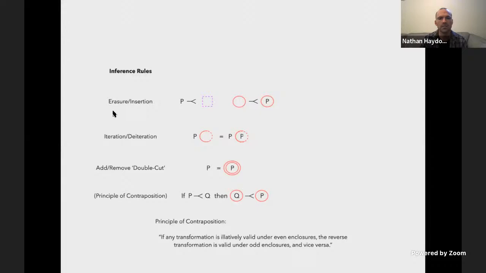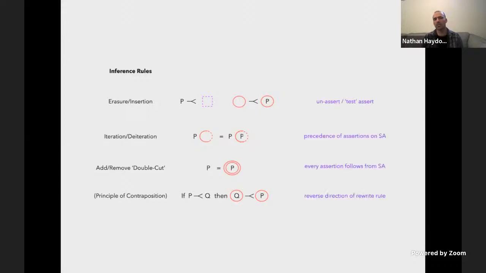And what I've tried to do in this introduction to some of the intuitions that Peirce was working with in the development of this calculus is to show how these correspond to somewhat basic intuitions about asserting, right? So erasure is to unassert or to unsay something that was said.